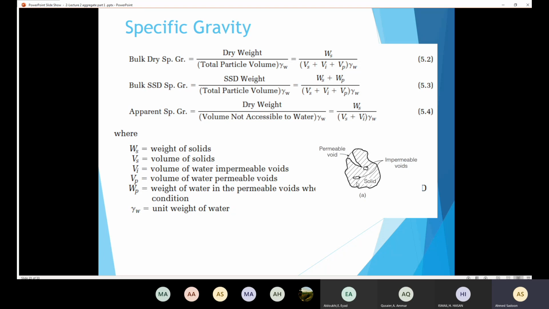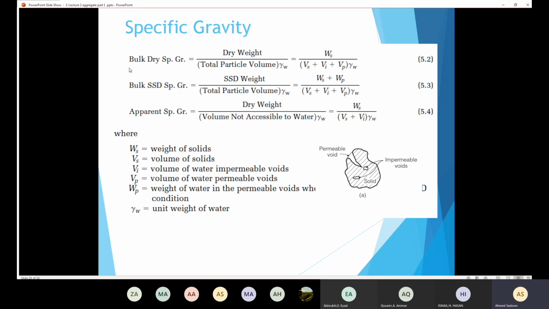Regarding the volume, we have the volume of the solid, Vs, the volume of the impermeable voids, Vi, and Vp, the volume of permeable voids. So in the dry specific gravity, we are going to include all the volumes, the total particle volume.